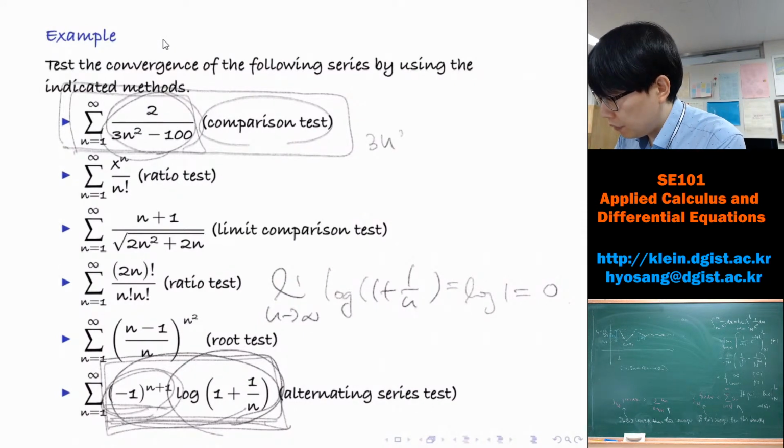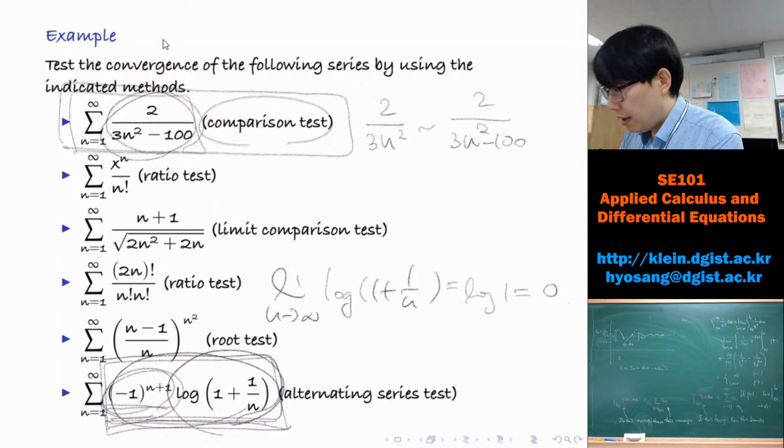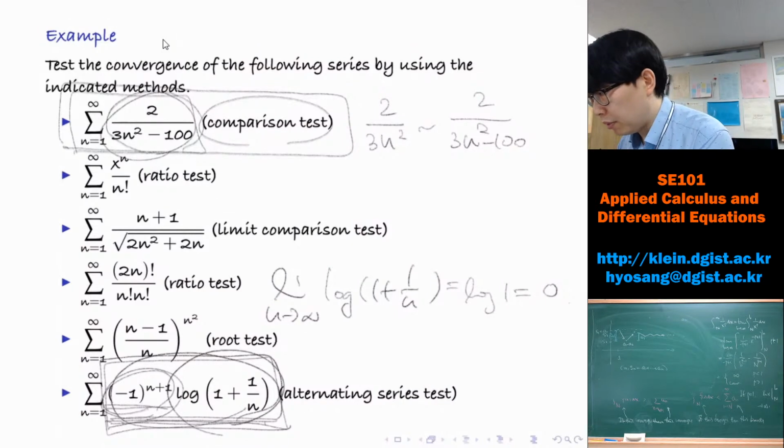One way I can check whether this is convergent is that it is almost equal to 2 over 3n squared minus 100. If n is quite large, you may think 100 is large, but n could be 100 to the power of 100, and then 100 itself is almost nothing.